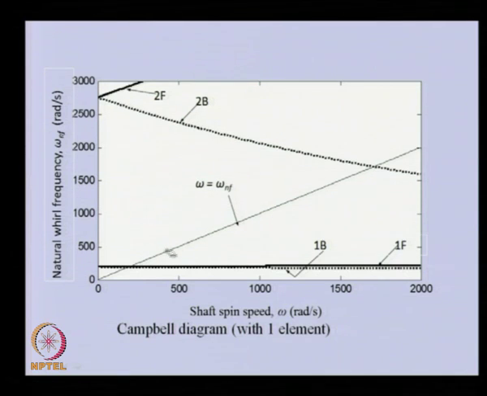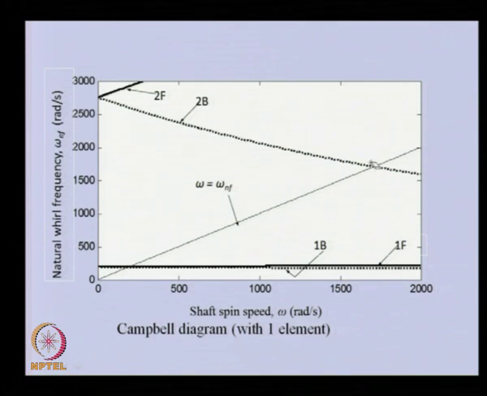This particular line is the line where the speed is equal to the natural frequency. Wherever this line intersects these curves will be the critical speeds. Here we have critical speeds corresponding to the forward whirl and backward whirl.